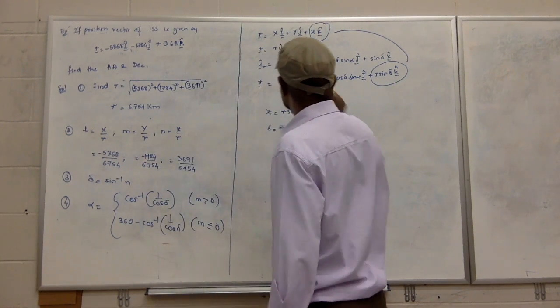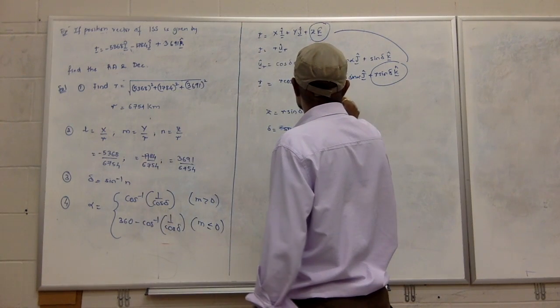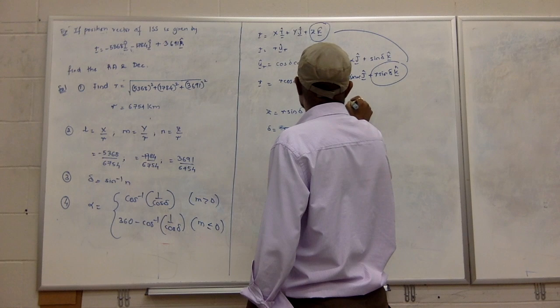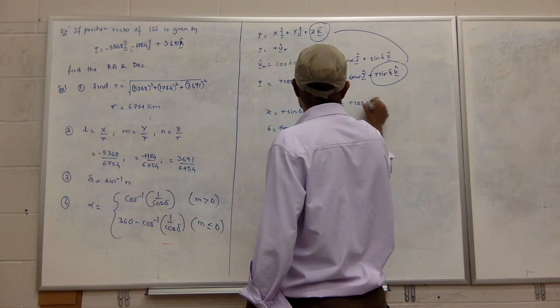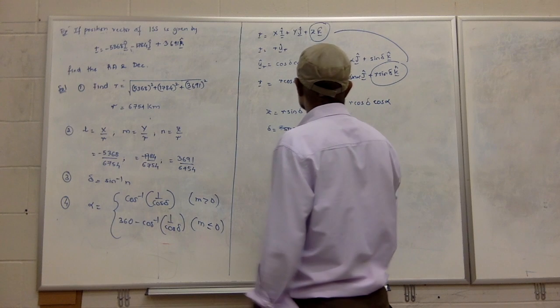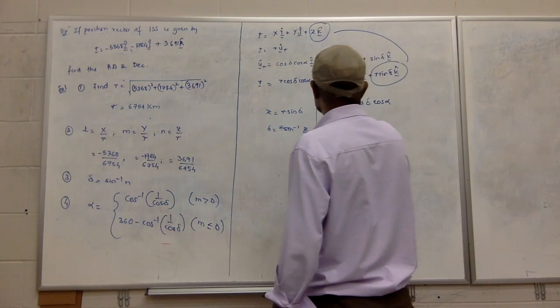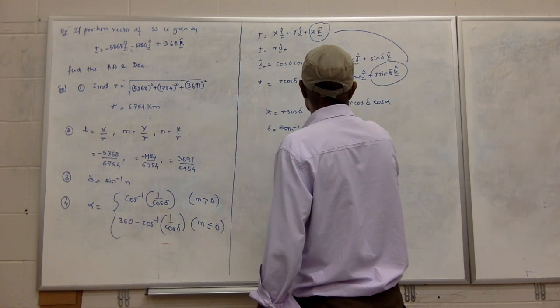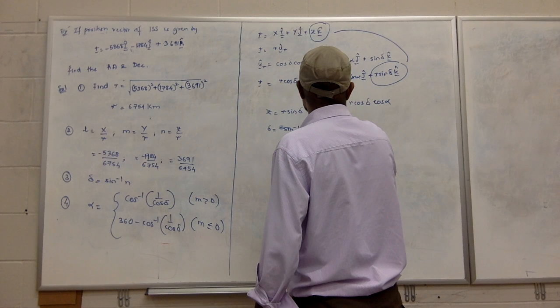If you compare this, you can say x is equal to R cosine delta cosine alpha, right? Now you want alpha, right?